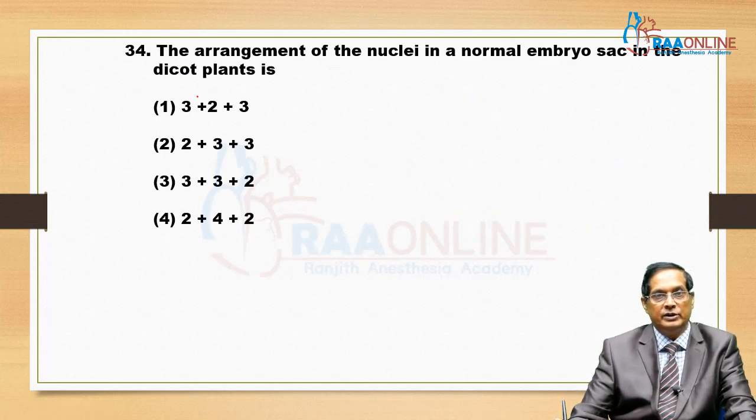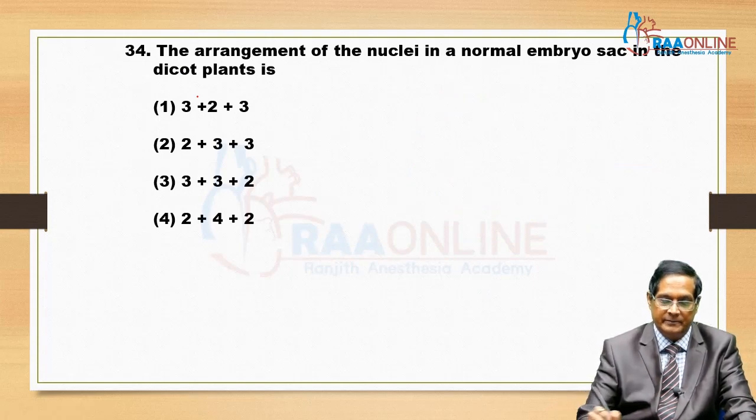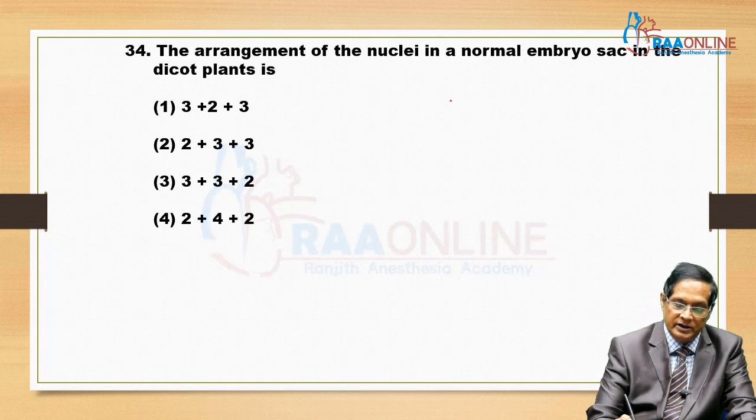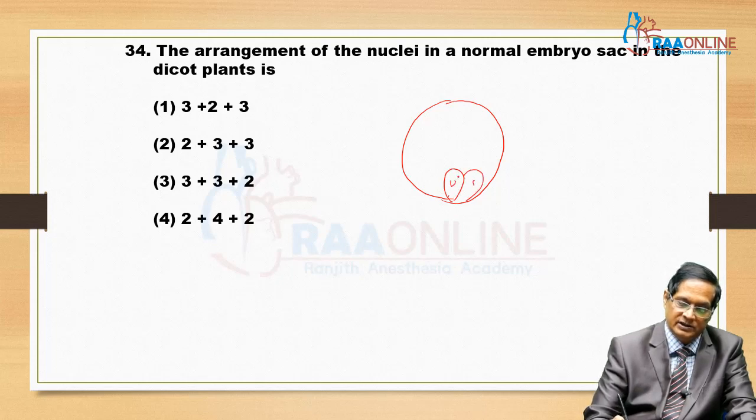Arrangement of nuclei in a normal embryo sac. See this structure. This is the egg cell with 1 nucleus, synergid with 1 nucleus, then another synergid nucleus, then 2 polar nuclei, and 3 antipodal cells with 3 nuclei.